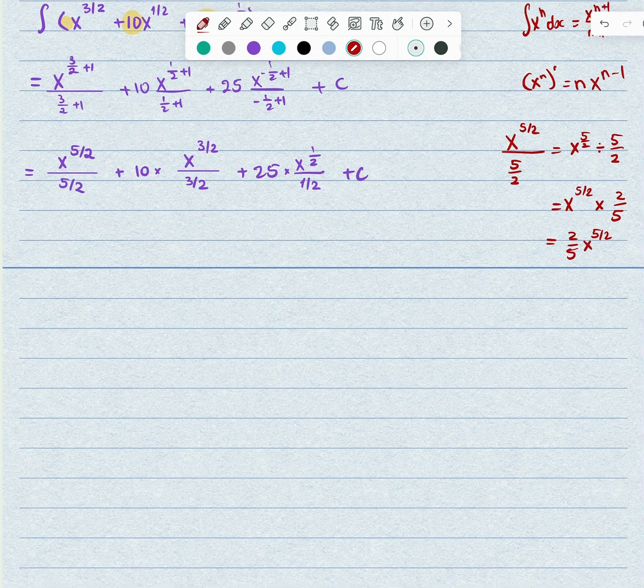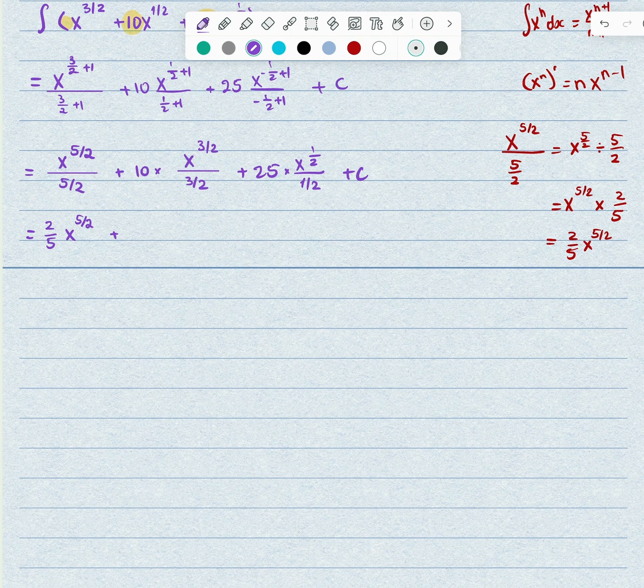This is what happens for each and every term of this expression. So the first one, as we already said, is 2 divided by 5, x to the power of 5/2, and plus, since it's a coefficient, there may or may not be a little simplification here, so you have to be very careful about it.